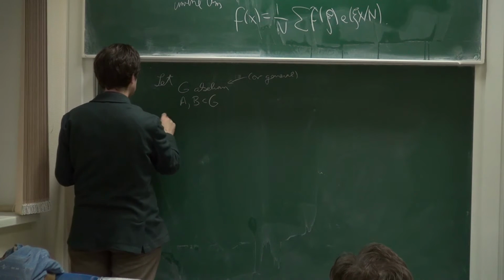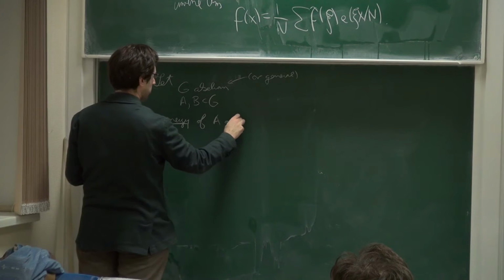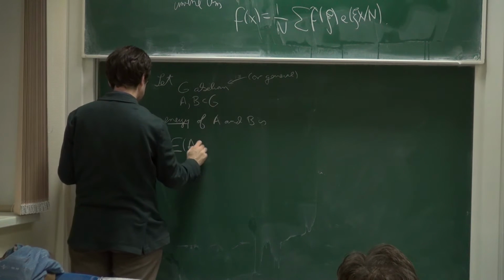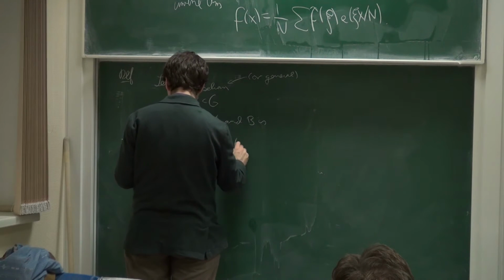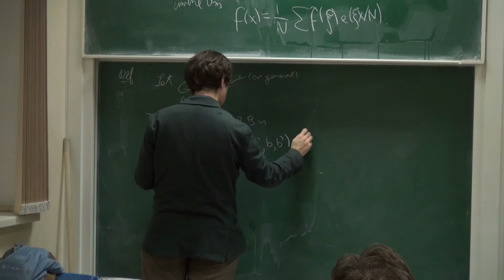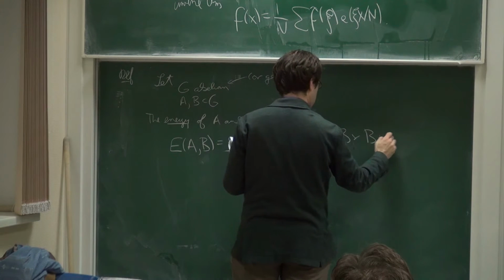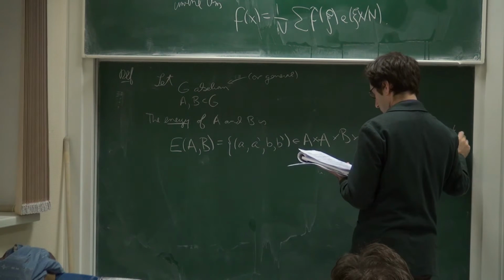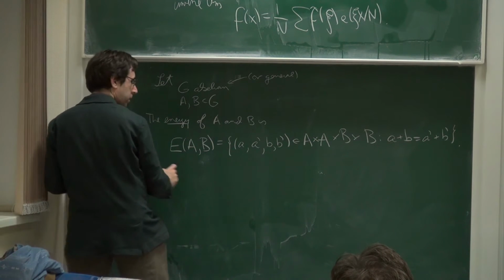So the energy of A and B, the energy of the two sets in relation to each other, is defined as follows. It's the number of quadruples such that a plus b is equal to a prime plus b prime. So this is the definition.